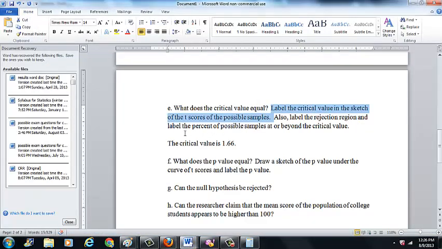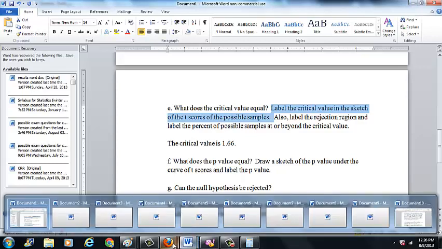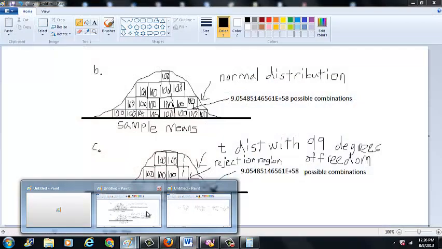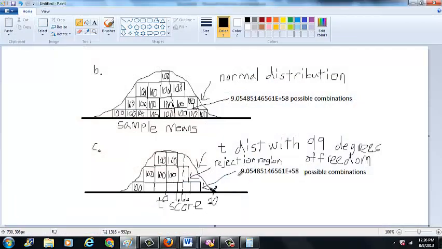Label the percent of possible samples at or beyond the critical value. It means label the percent of combinations in the rejection region, which is, you could just say, after the rejection region, you could say 5%. Rejection region, 5%, like that.